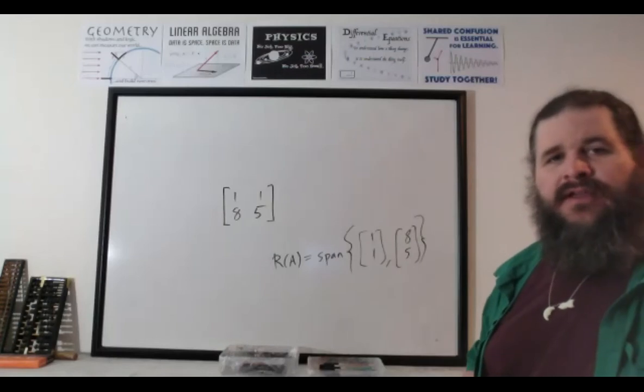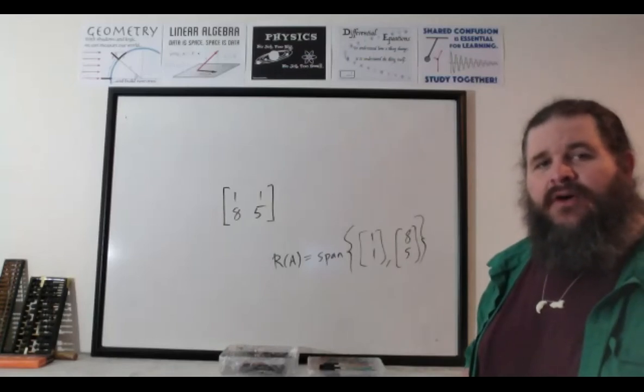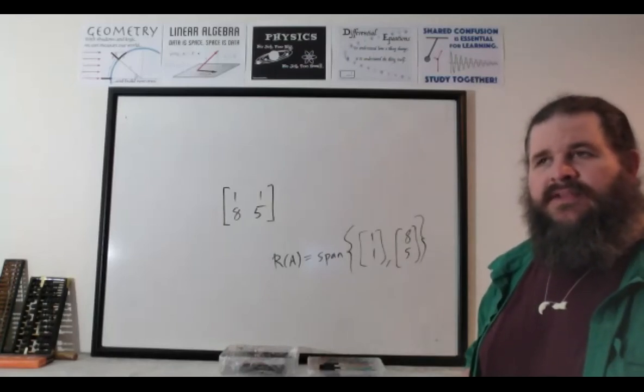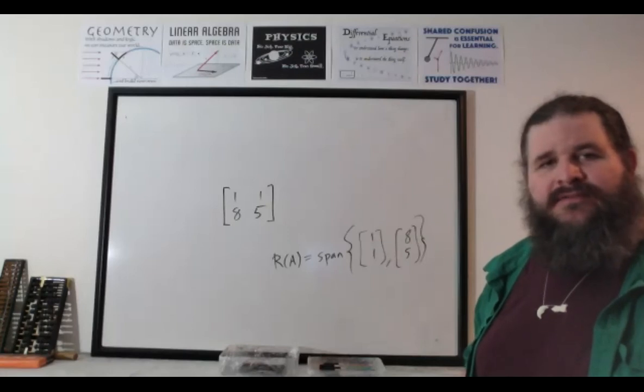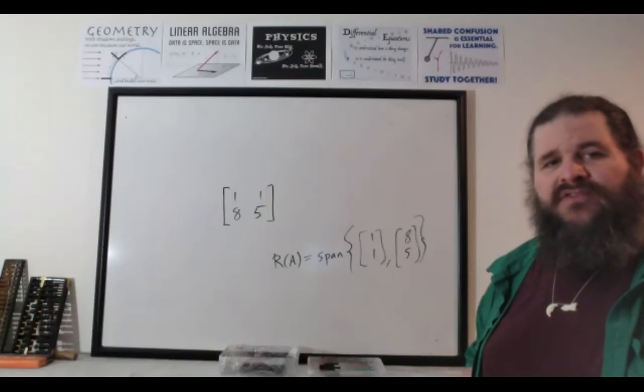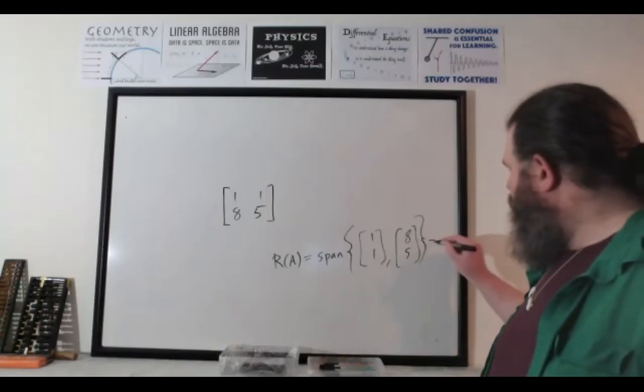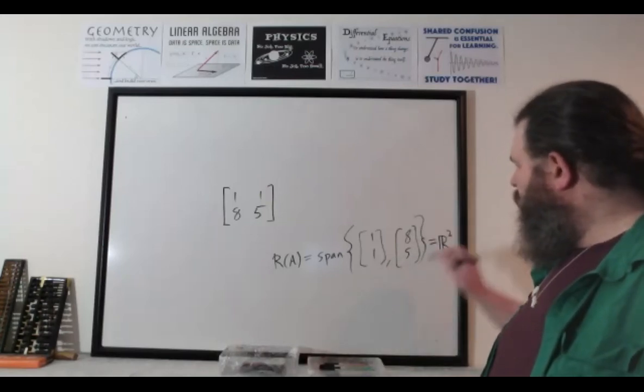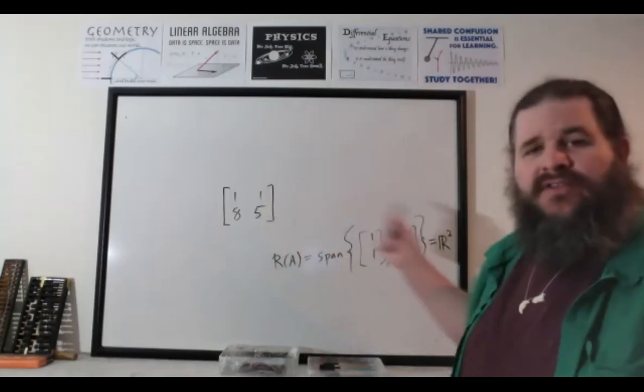And that means if you're talking about a two-dimensional subspace of R2, what's the dimension of the R2 universe? 2. Yeah, R2 is itself a two-dimensional universe. So any two-dimensional subspace is just the whole universe. So the row space of this matrix is all of R2.